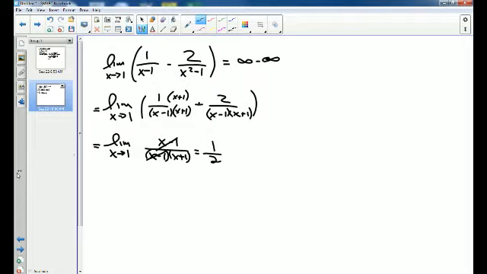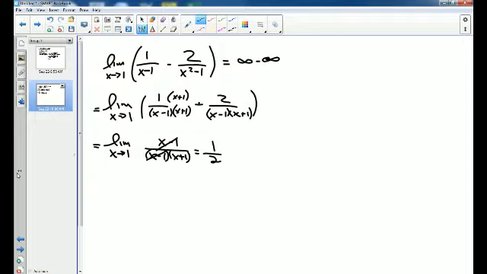We already have it in the denominator, we don't need to put it back. So we want these to match. This is an x minus 1, and x minus 1 doesn't match, so we put an x plus 1 here, top and bottom. Got it? Okay, all right, good there?